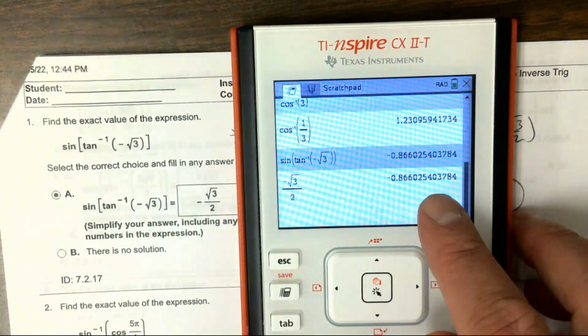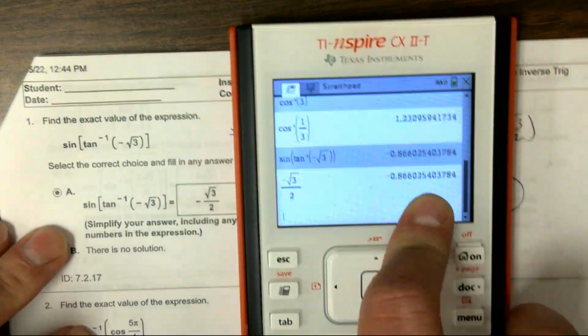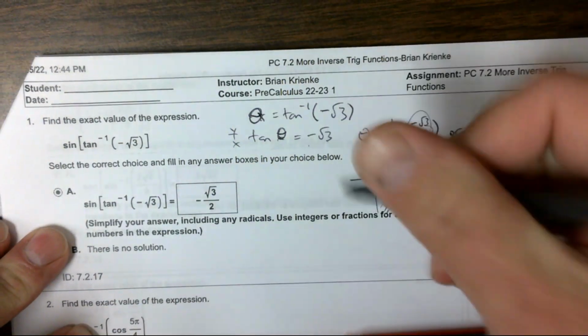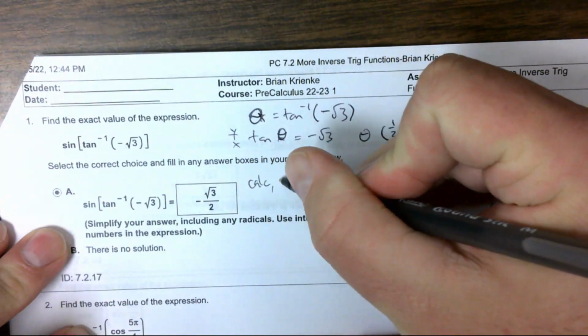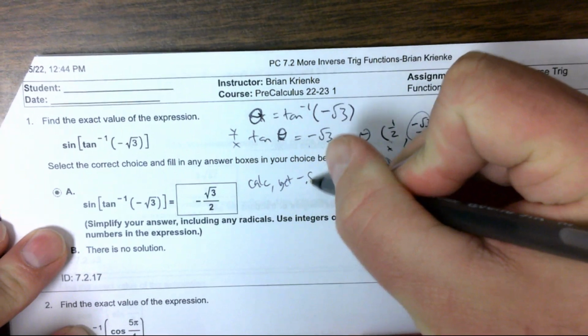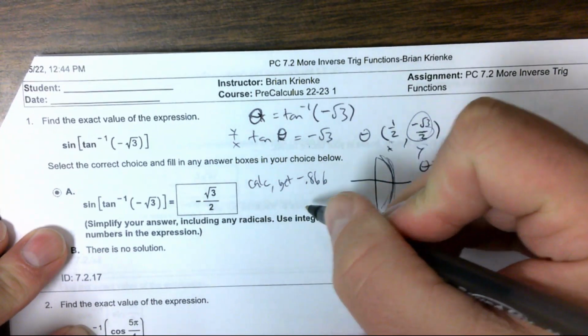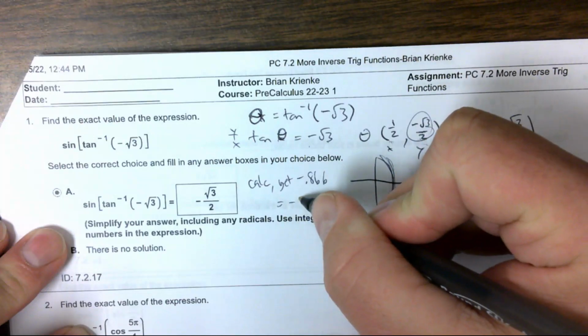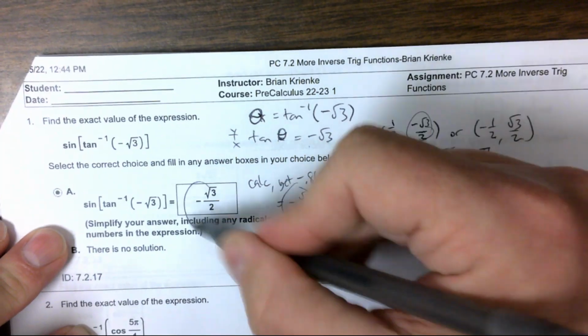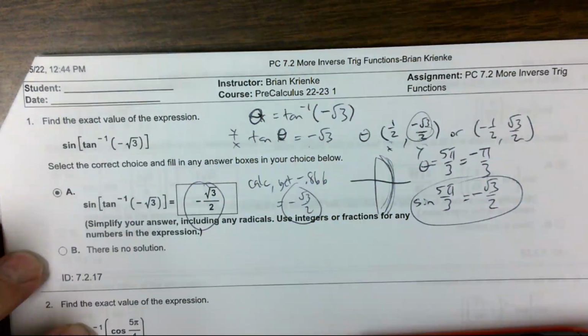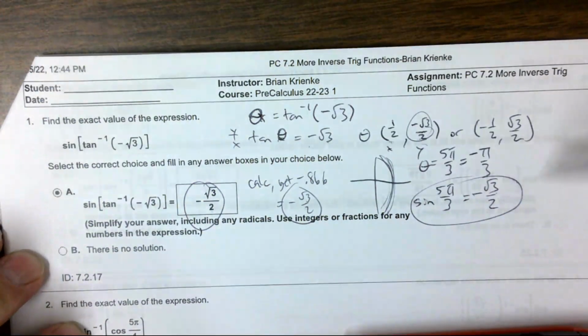If you use your calculator, you get negative 0.866, and that's equal to negative square root of 3 over 2. But again, I showed you how to do it without that.